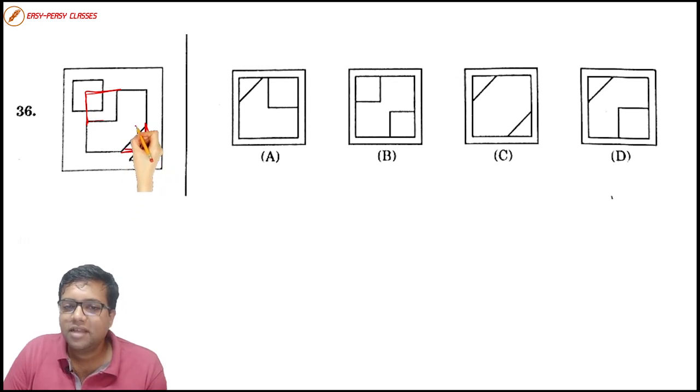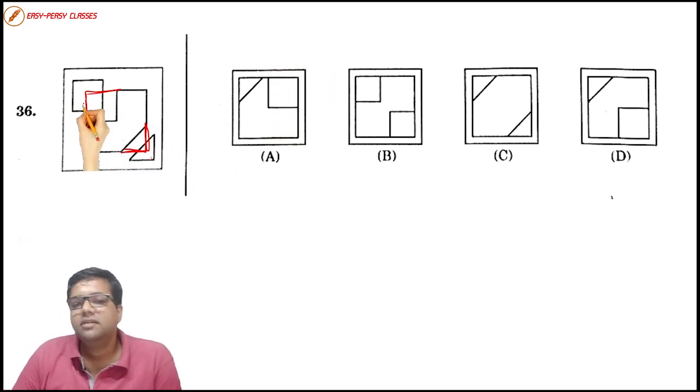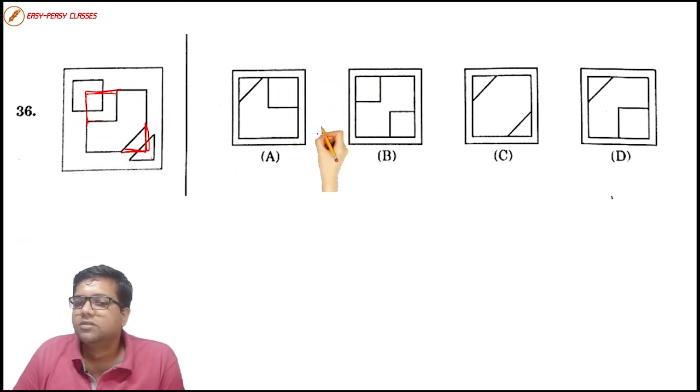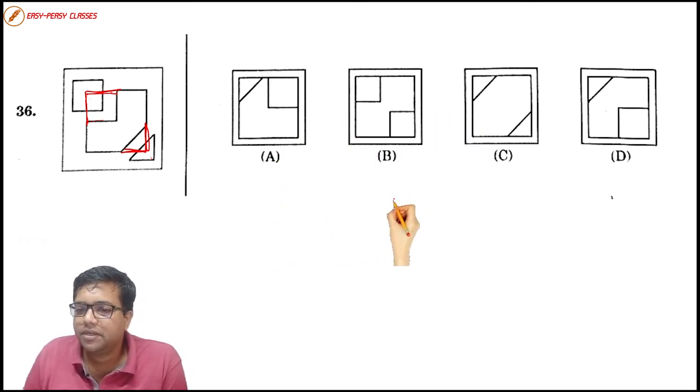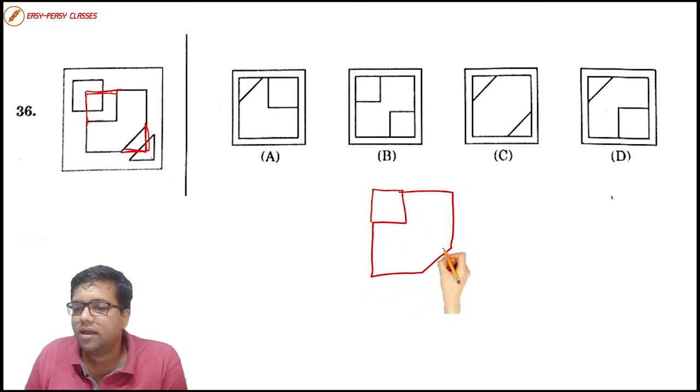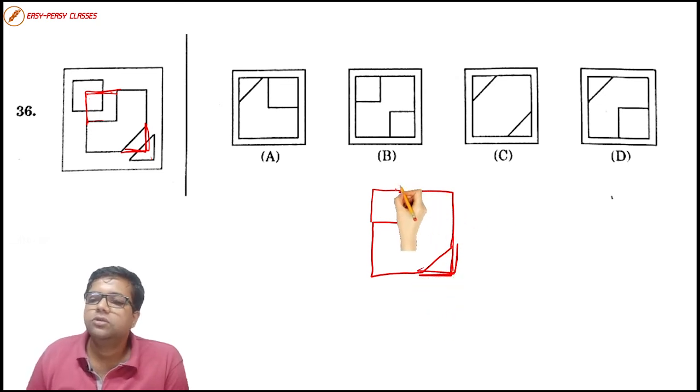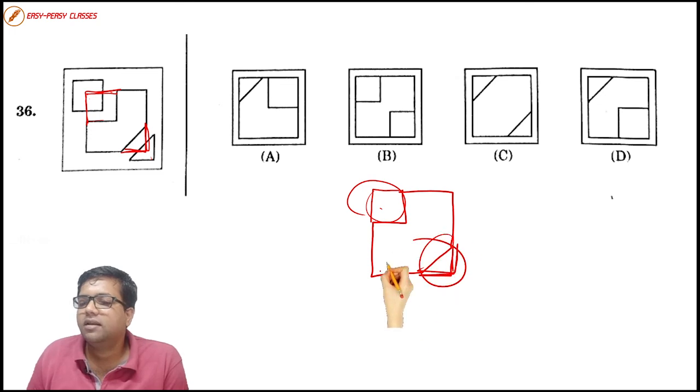Somewhat it should come like this. So do we have any figure which resembles that figure? I will draw it again over here. We have a square like this and a triangle like this. So the square comes on one corner, and the triangle comes on one corner.